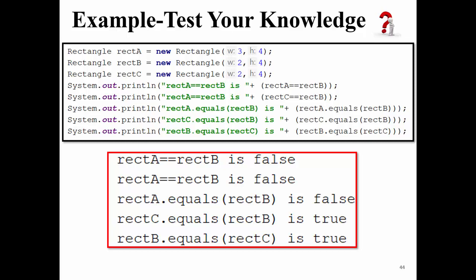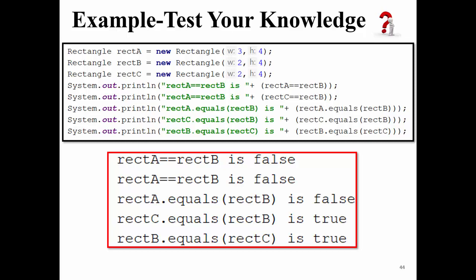So the first two statements will return false. For the first dot equals, it's clear that the width and the height for rectangle A and B are not equal, so dot equals will return false. But the width and the height for rectangle B and C are the same, so we return true. And if we use dot equals with B calling the method, it returns the same result.